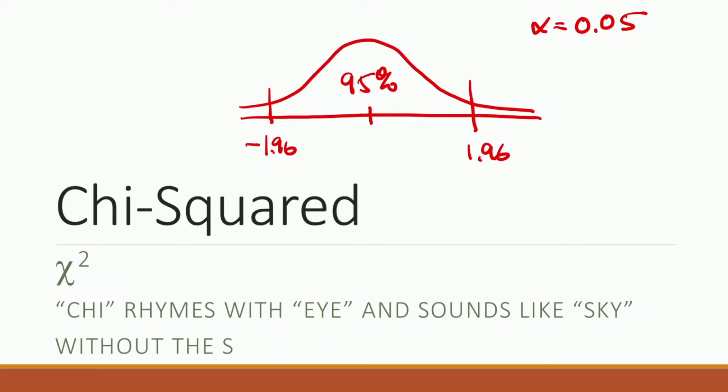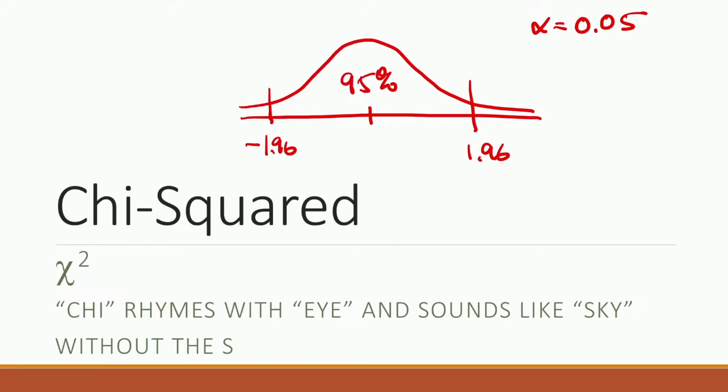So the cutoff, this critical number that we're about to look up in the table, is like where you would put the marks on a normal distribution to say that this is 95% in here and this is the extreme stuff. So if your test statistic ends up out here somewhere, then your p-value is going to be lower than 5%. And if your test statistic is in here, your p-value will be greater than 5%.